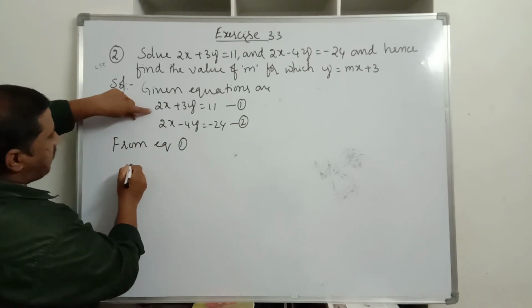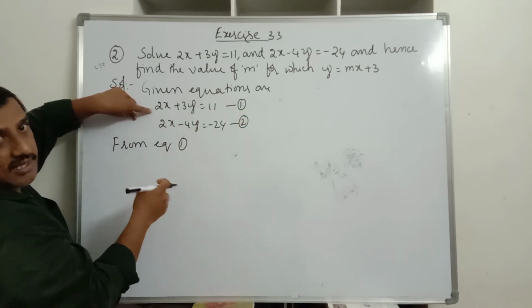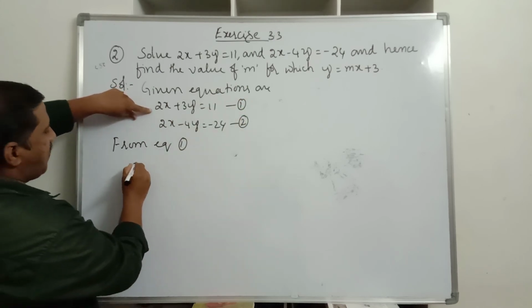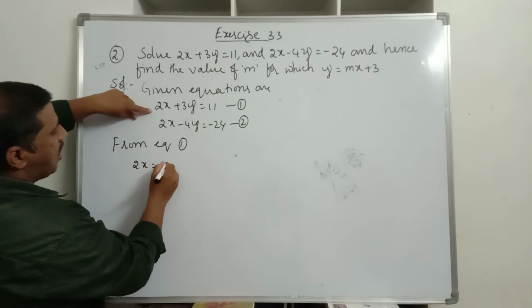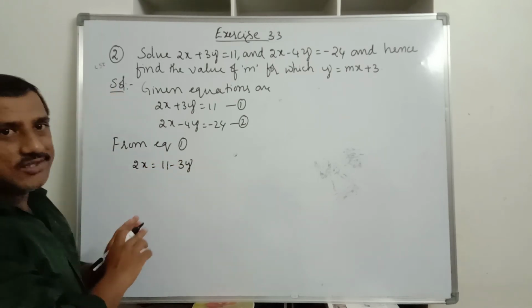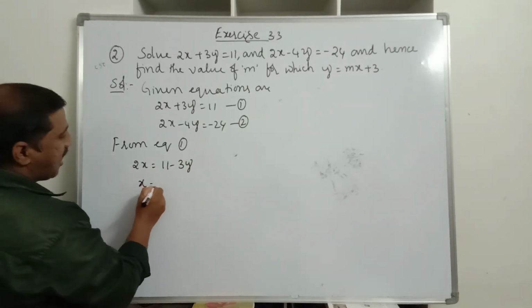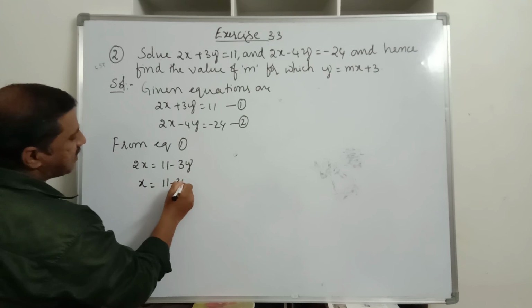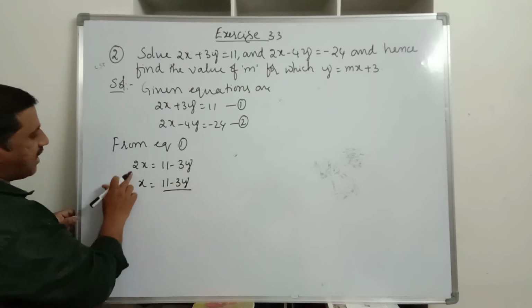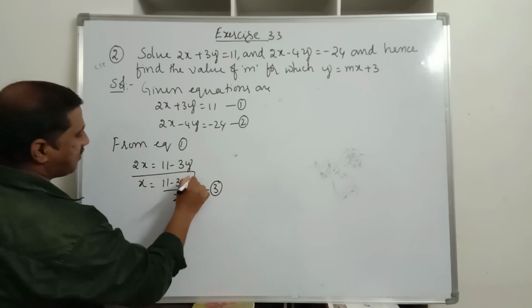As I want to keep x on the left hand side, transpose plus 3y to the RHS, then it becomes minus 3y. That is 2x is equal to 11 minus 3y. Then transpose 2, which is multiplied with x, to the RHS. Then we get x is equal to 11 minus 3y divided by 2. Take this as equation number 3.